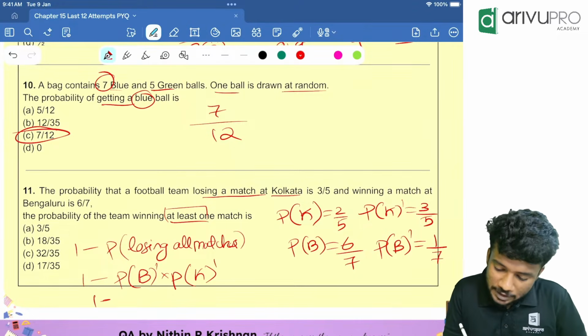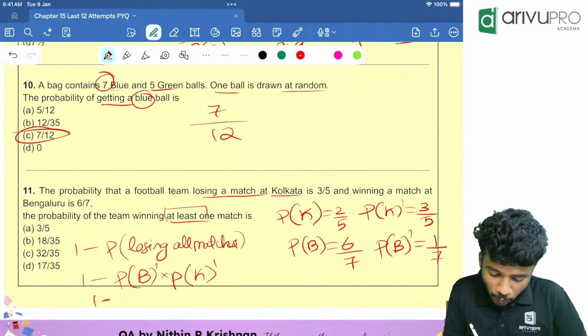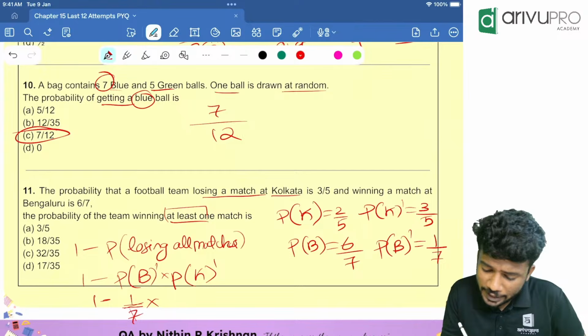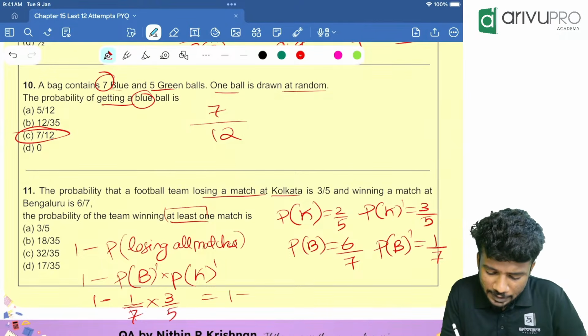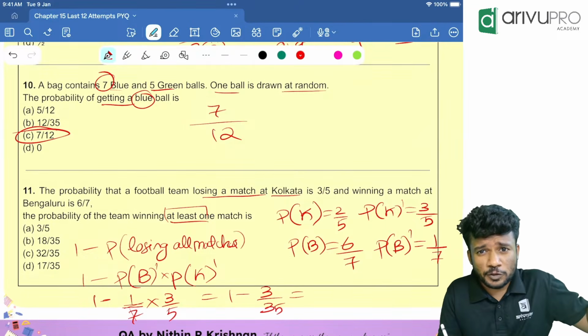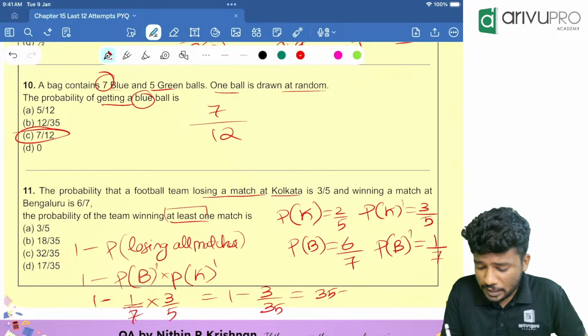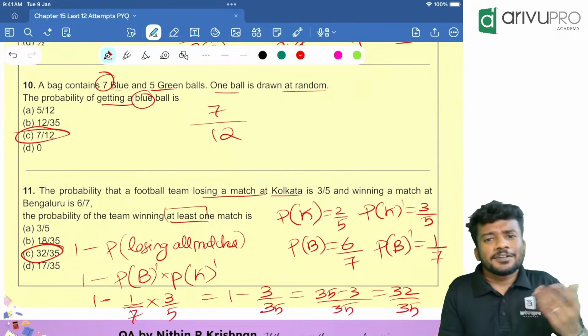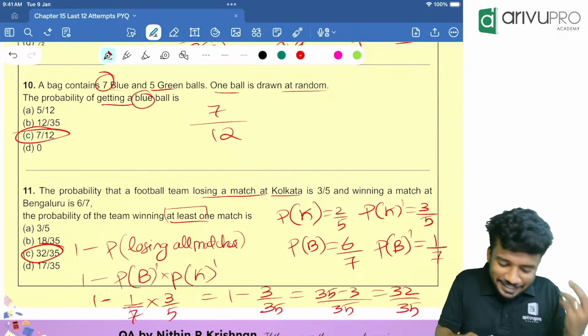P of B complement is how much? That is 1 by 7. 1 by 7 into K complement, how much? 3 by 5, which is equal to 1 minus 3 by 35. So take LCM. 35 minus 3 divided by 35. Answer is nothing but 32 by 35. Over, how will you write that? You will take your calculator and find it in decimal.